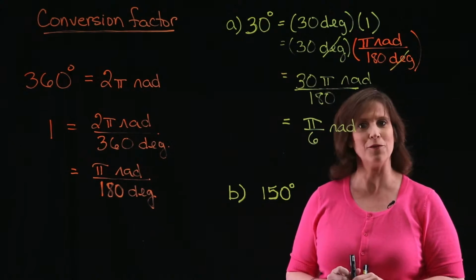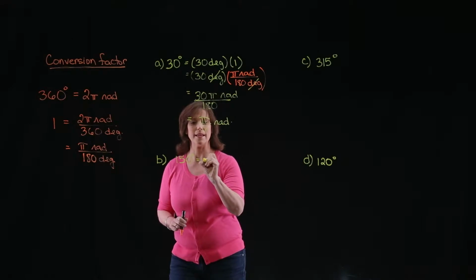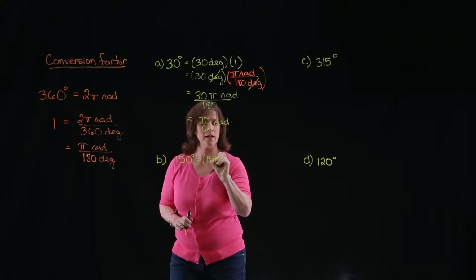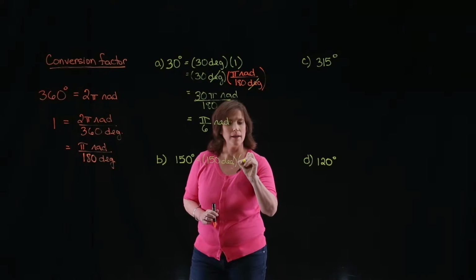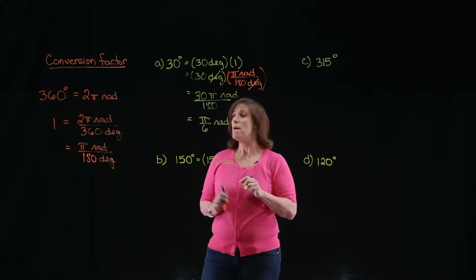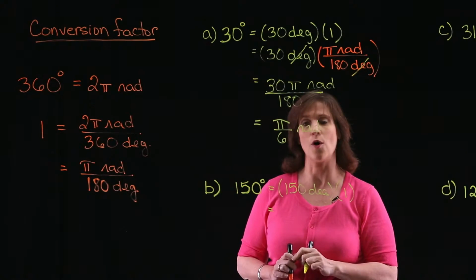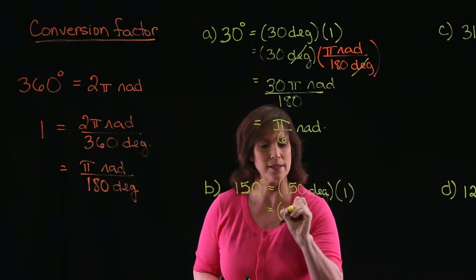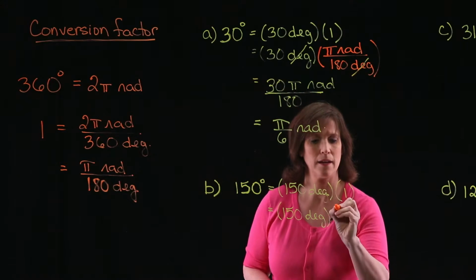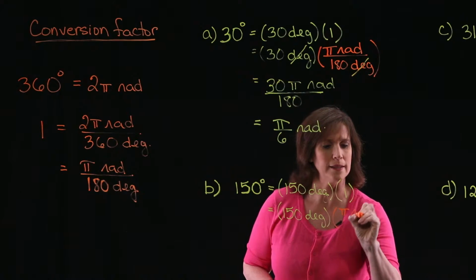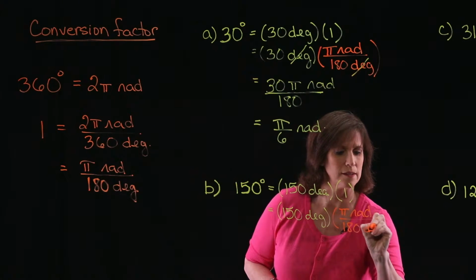Okay, let's try it again with a different angle. This time I have 150 degrees. Again, I can write this as 150 degrees times 1. Because of my conversion factor, I know that 1 is the same thing as pi radians over 180 degrees. So I'll write this as 150 degrees times pi radians over 180 degrees.